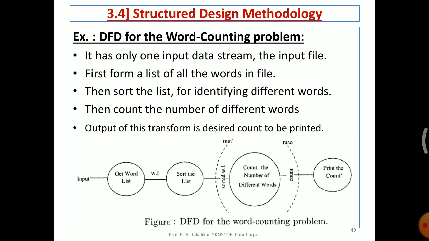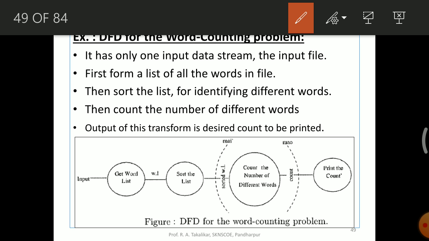In this example, there is only one input data stream, that is the input file. You can see here, this is the input file. After this, first form a list of all the words in this file. That means get the words one by one from this file and create a word list, WL.